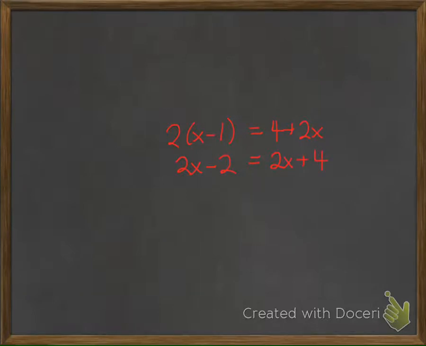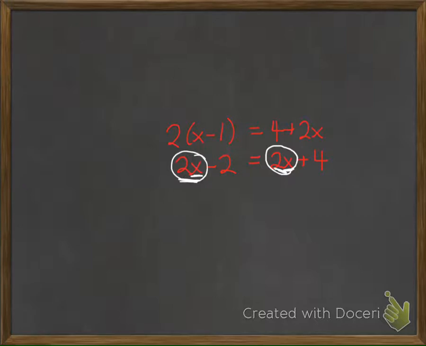Just looking at this, you can see why this statement has no value of x that makes it true. Because no matter what x is, if I multiply that value by 2, and over here I do the same thing, then if x is 4, this would be 8, and this would also be 8. If x is 3, then this over here would be 6, but this would also be 6.